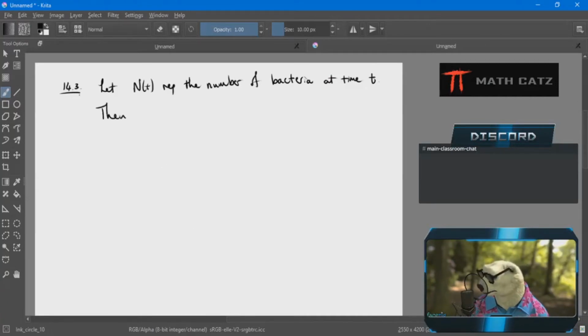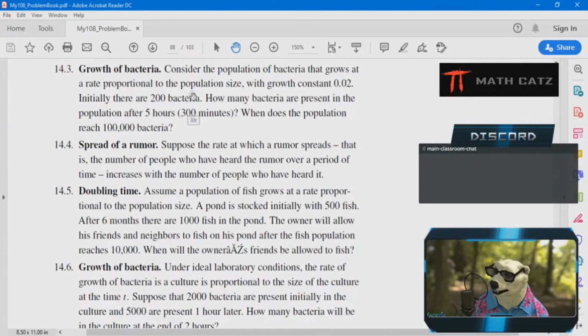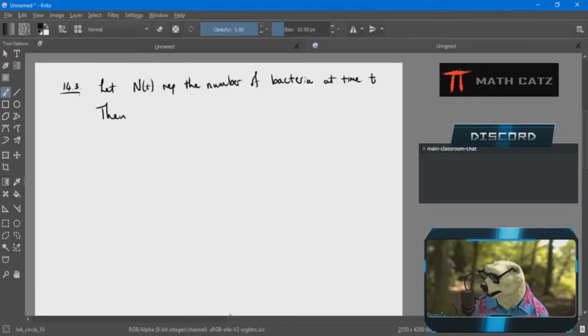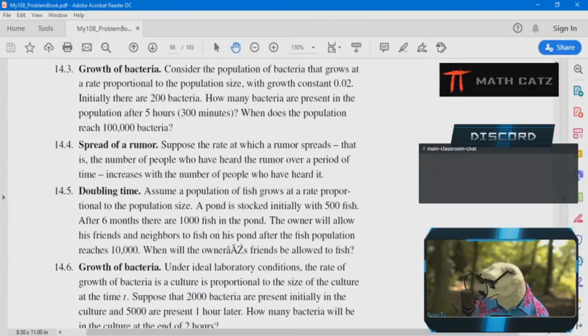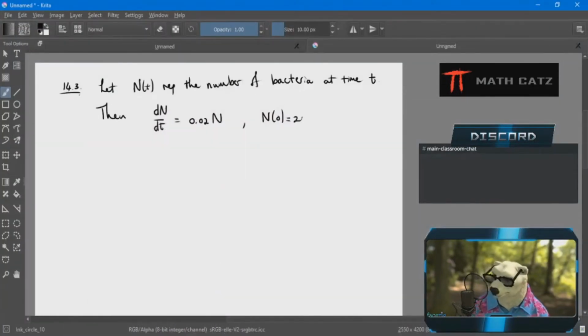Then this first part of the sentence, grows at a rate proportional to the population size with a growth constant 0.02, is translated to my differential equation as dn/dt equals 0.02 times n. And the initial population, they also tell me, is 200. So this differential equation translates the information in words.